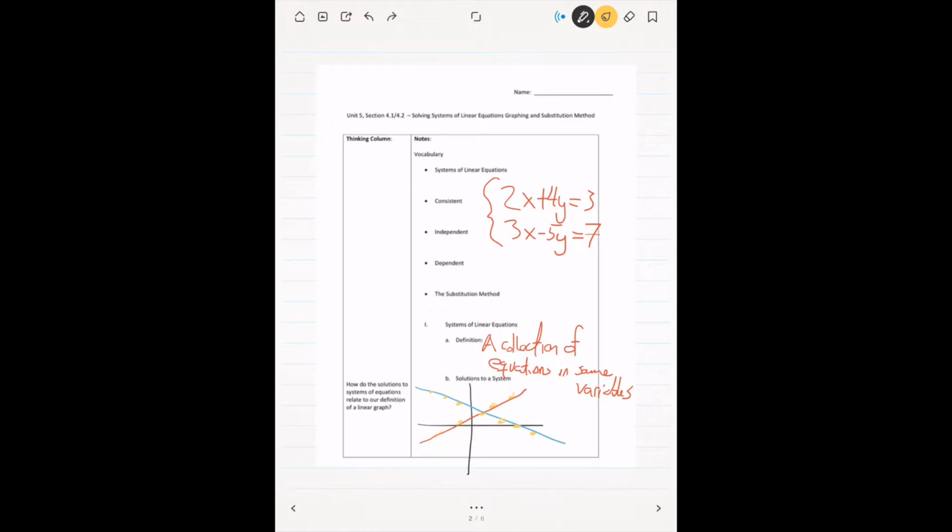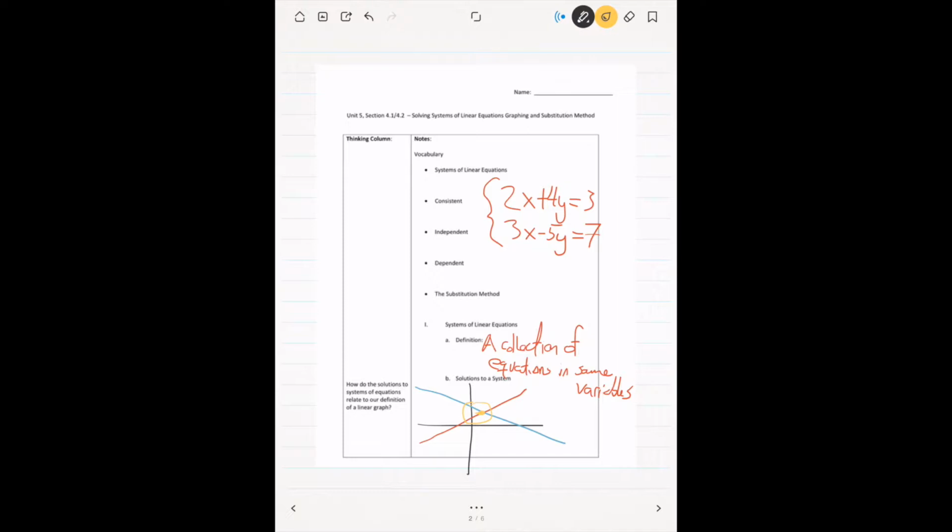So what we want to do is find the point that is essentially a solution for both of them. I want to find the ordered pair that if I plug it in to the red equation and the blue equation, it works for both. That means I want to find the point where the two lines intersect. I want to find that single point right there.